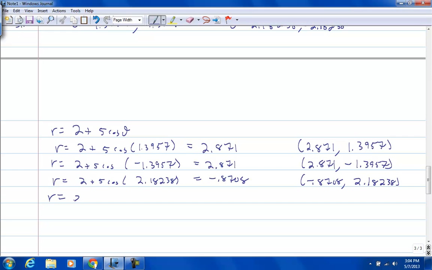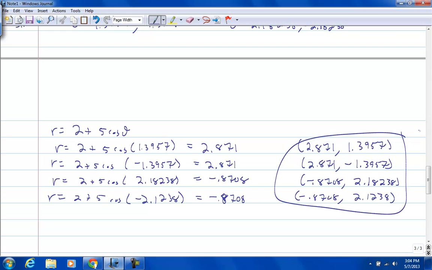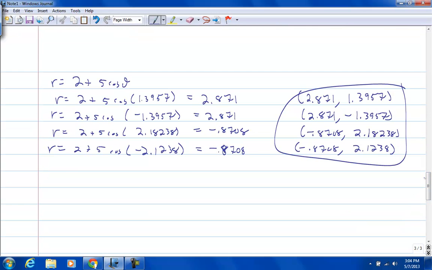And r equals 2 plus 5 cosine of negative 2.18238. That'll also be, any guesses here? Yep, negative 0.8708. So negative 0.8708, 2.18238. Those are the points of intersection. Hope that makes sense.